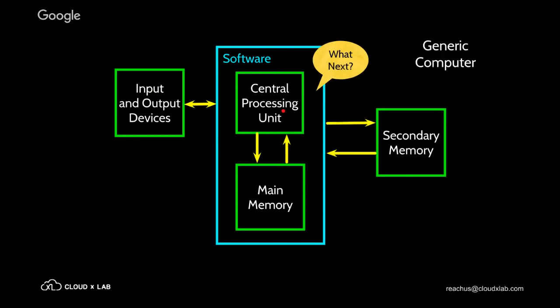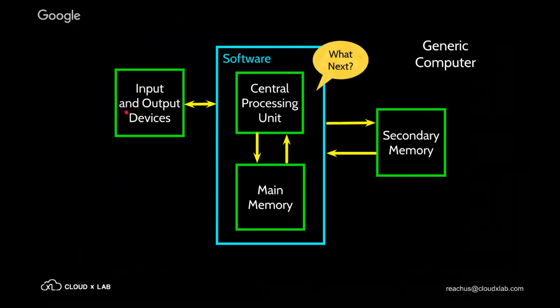So these are the list of instructions that we give to the CPU, and CPU reads all the instructions from the main memory, and after reading those instructions it does those tasks. As well as it can read the data from the secondary memory into main memory, and so on.